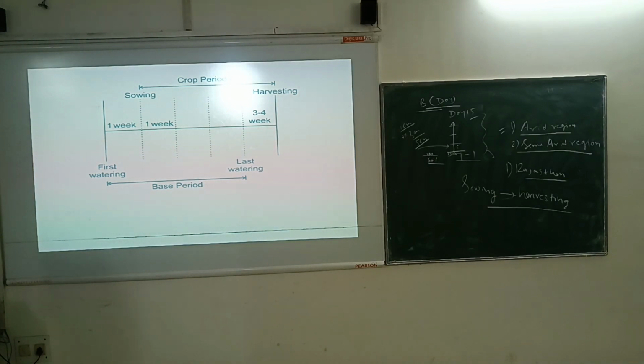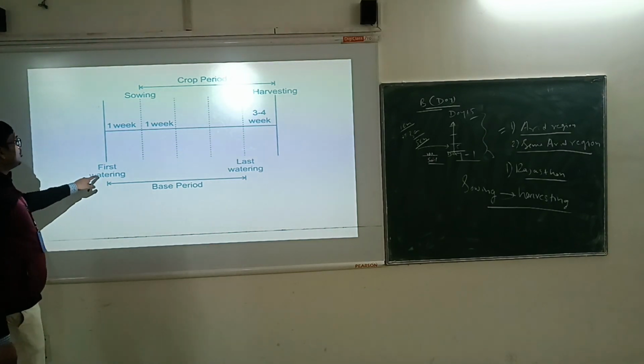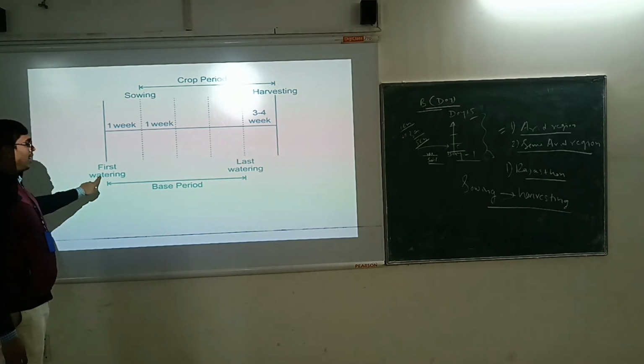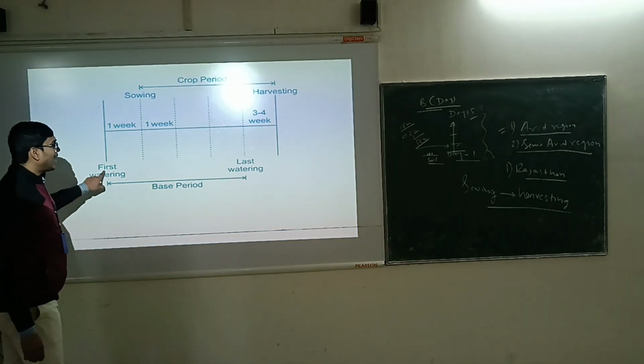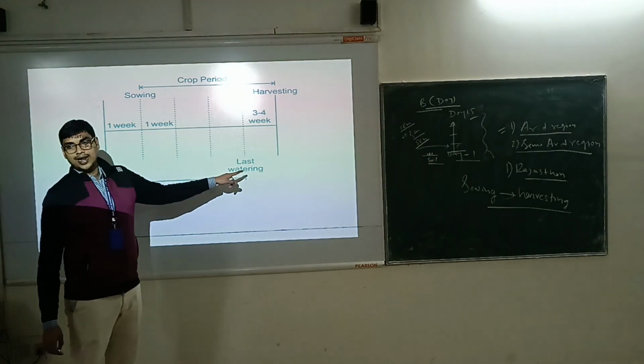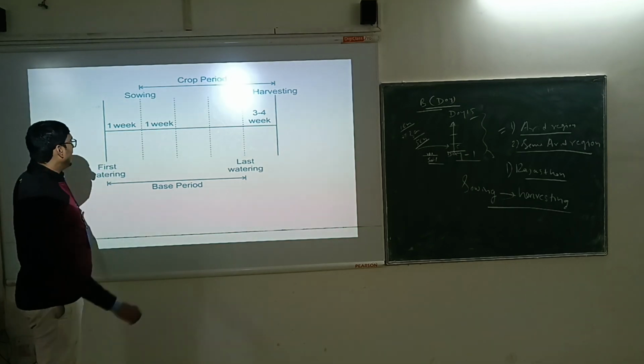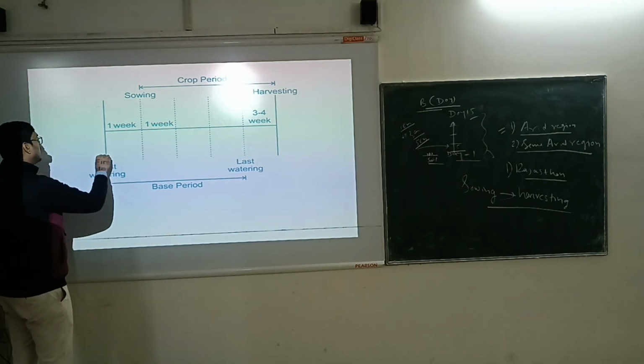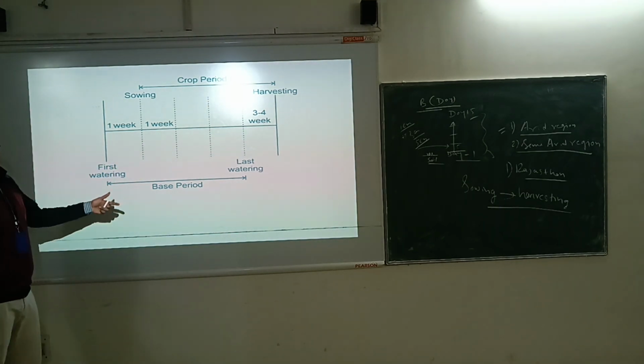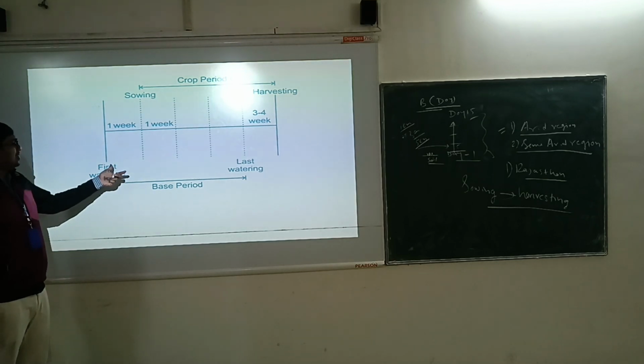So here is a diagram. Basically, this is the first watering and the last watering. So this is the initial stage of the crop. You are sowing it; in the rice, it is sowing.